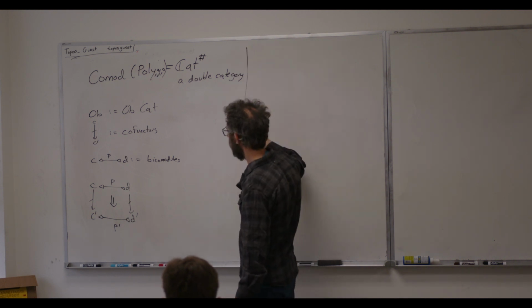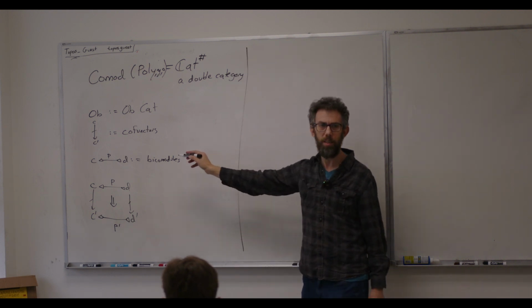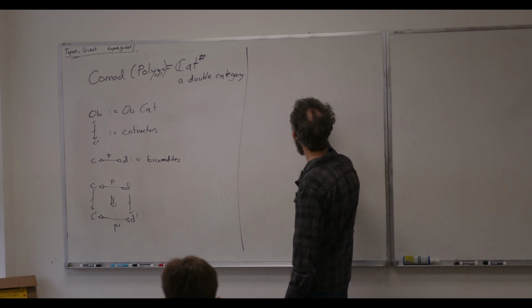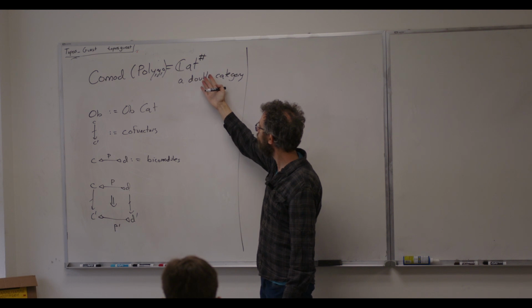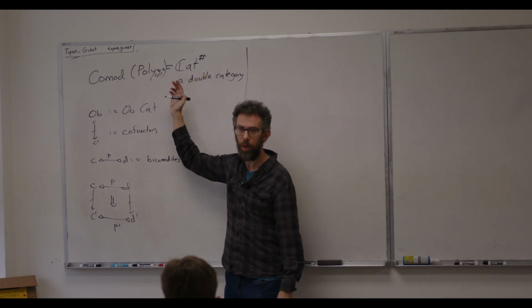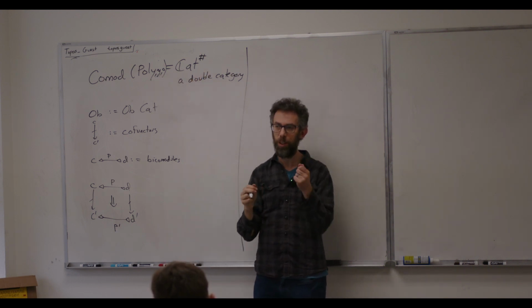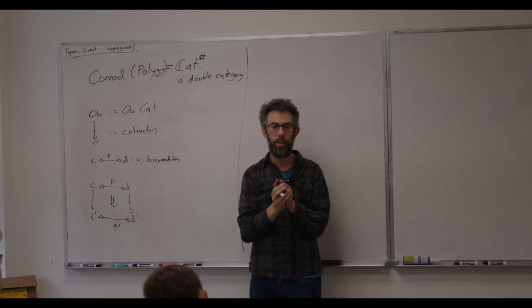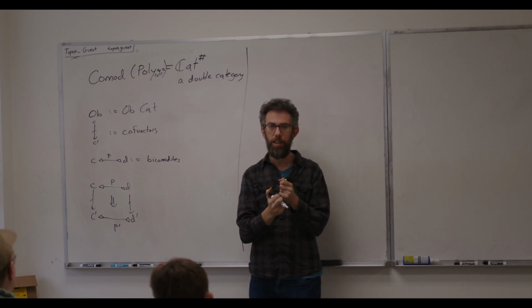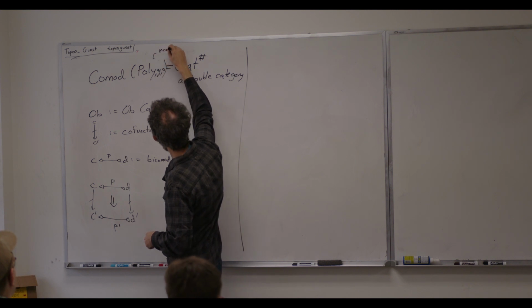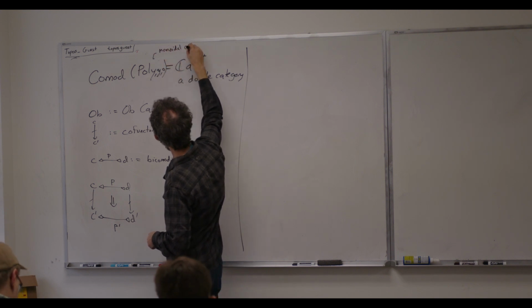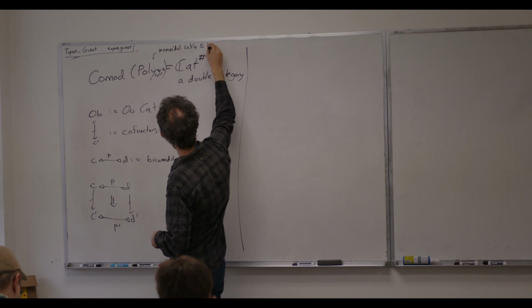And let's talk about what a bicomodule is. As soon as you have a double category, like poly is a monoidal category, and every monoidal category is a kind of bicategory.